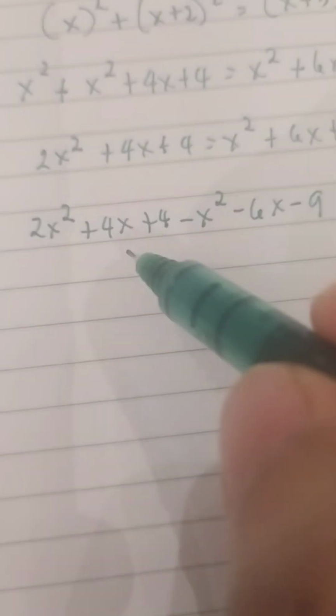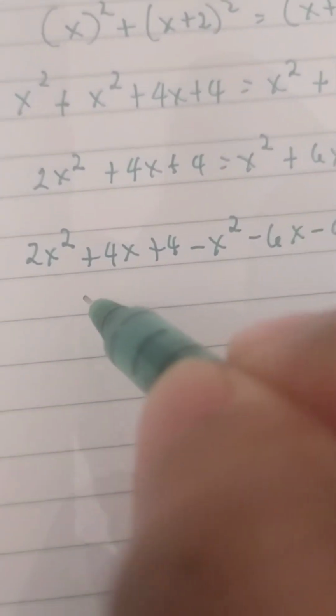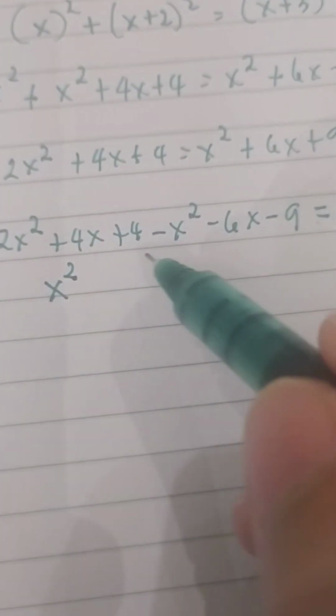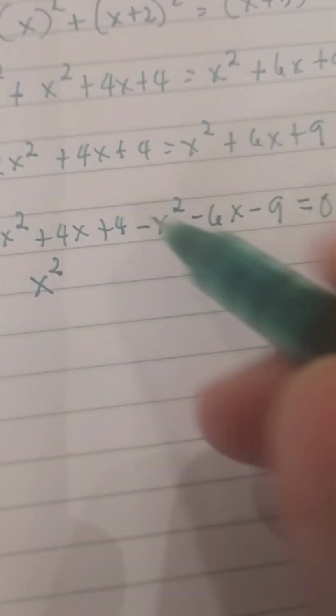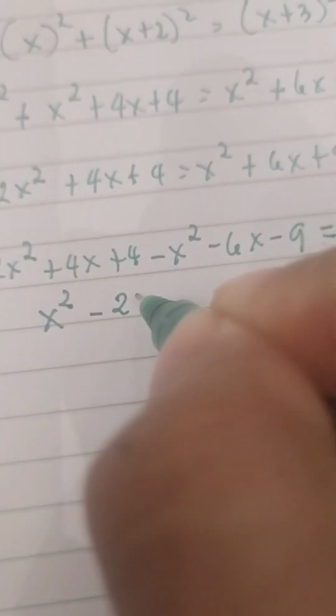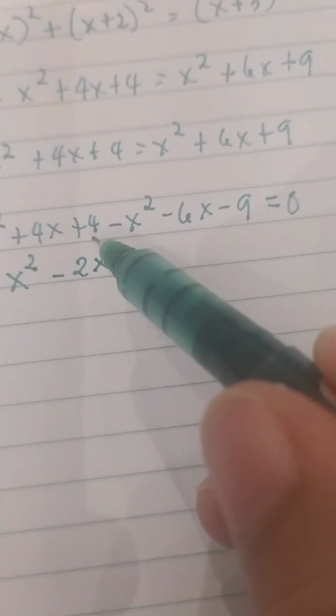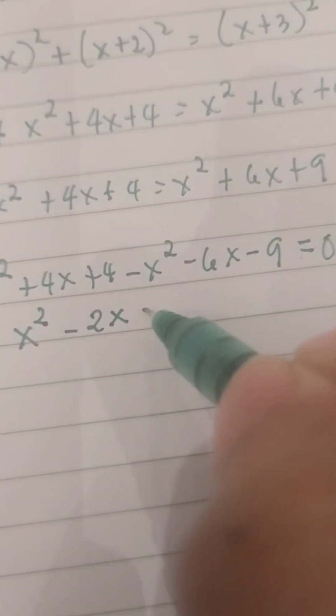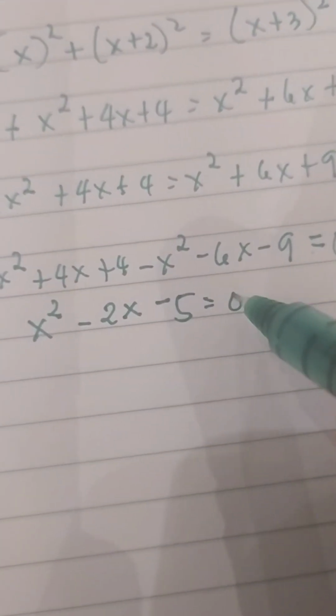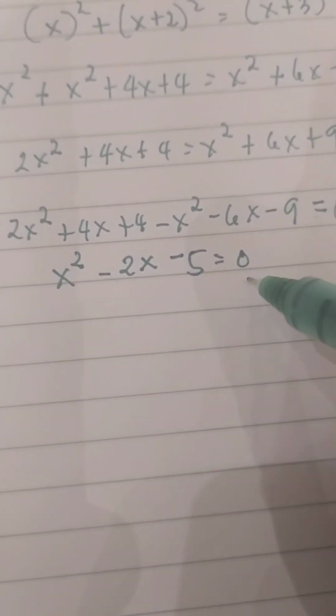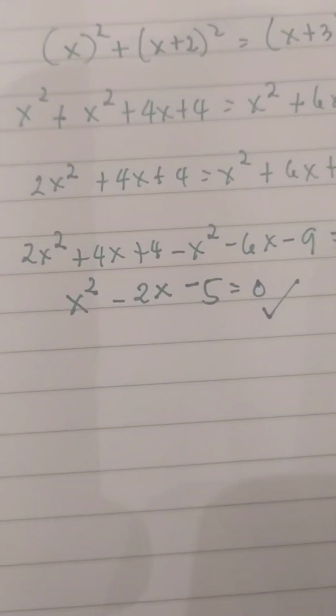So from this part, we are going to collect like terms together. So we have 2x squared minus x squared is equal to x squared. Now we have 4x minus 6x is equal to minus 2x. 4 minus 9 is equal to minus 5, is equal to 0. So this now is our partial result.